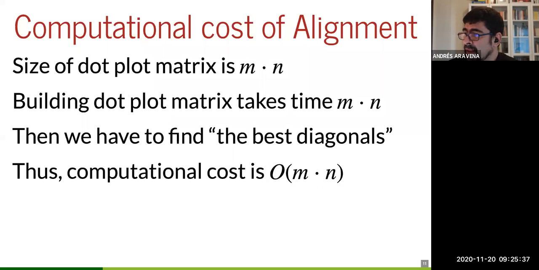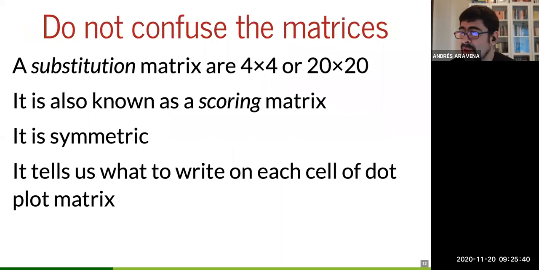Okay. I don't want to get to the hard part yet. I put this when you are in theory more awake. There is a point that I don't want people to get confused about. This is just a comment. There are two matrices that we work with here, and I try to avoid confusing them. There is a substitution matrix that in our case is either 4 by 4 or 20 by 20, which is the Blossom matrix or the PAM matrices or the DNA substitution matrix.